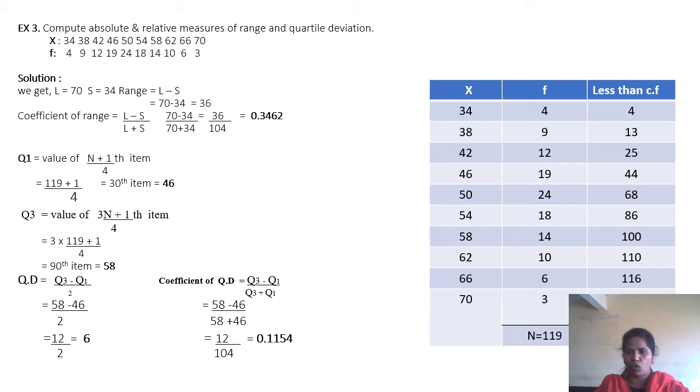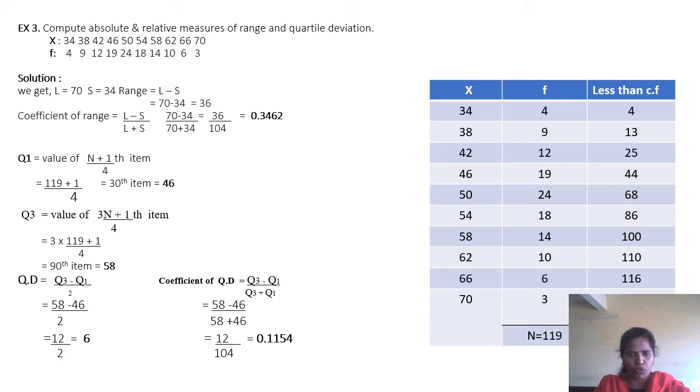You keep the 4. 4 plus 9 is 13. 13 plus 12 is 25. 25 plus 19 is 44. 44 plus 24 is 68. 68 plus 18 is 86. 86 plus 14 is 100. 100 plus 10 is 110. 110 plus 6 is 116, and the last one 116 plus 3, that is total n is 119. I hope you prepare this type of table.